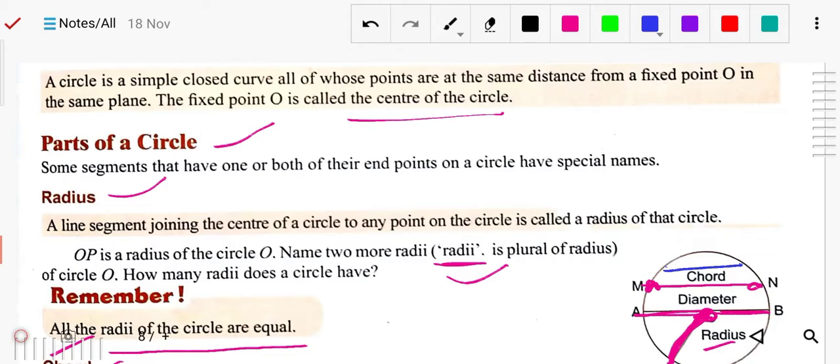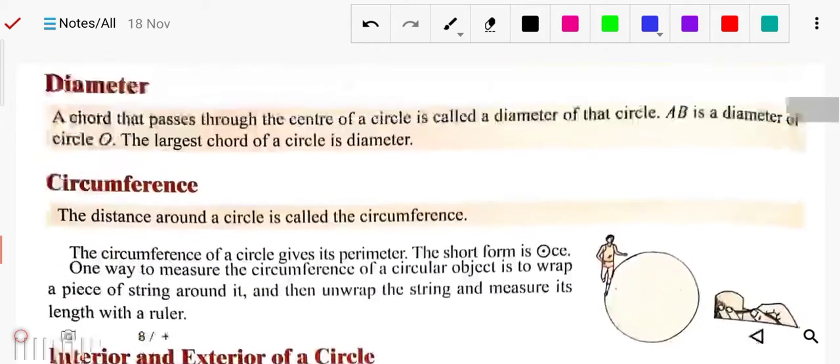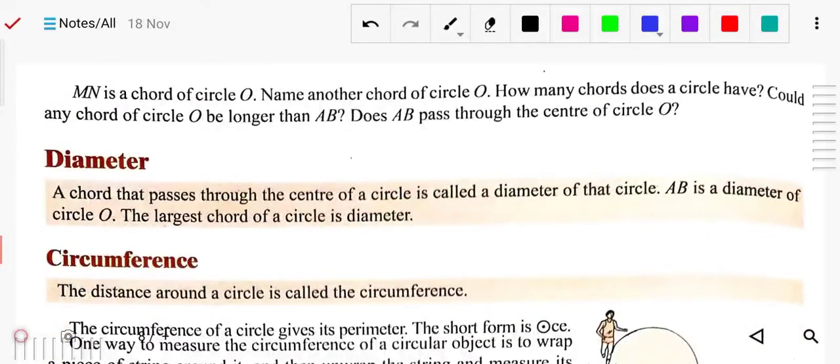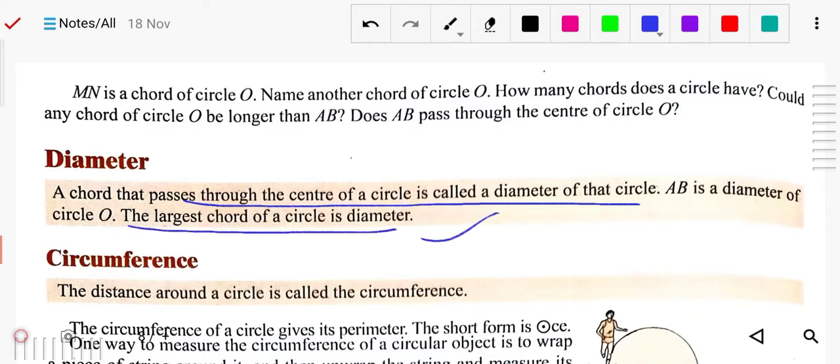A diameter has to pass through the center. A chord that passes through the center of a circle is called a diameter. The longest chord of a circle is called the diameter.